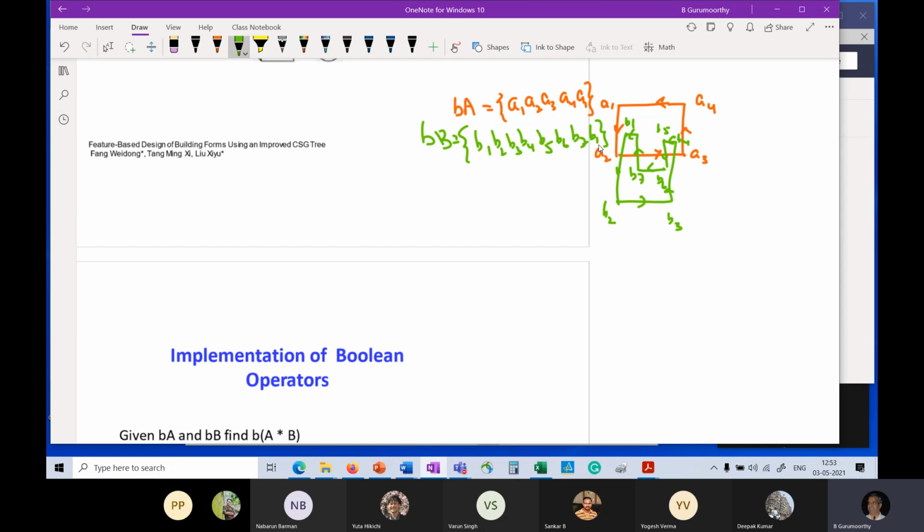Okay. So now the question is that I'm given this, right? And I want to find the boundary of, let's say, A union B. Right? So how do I do that? How do I find the boundary of A union B?